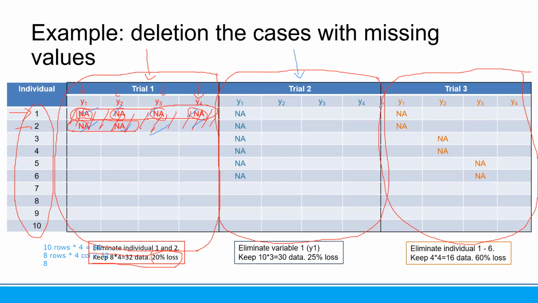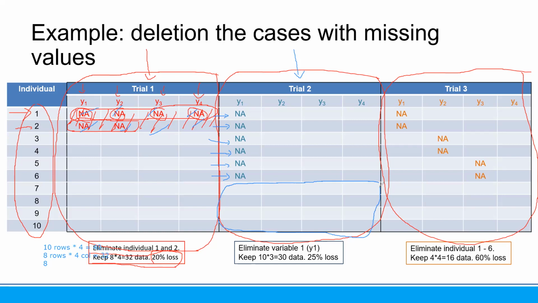Do we need to delete the row? Oh, if we delete the row, what happened? We have a lot of data deleted, and it is not good. We have only very small data, so it means we have only 4 multiplied by 4 for our analysis.